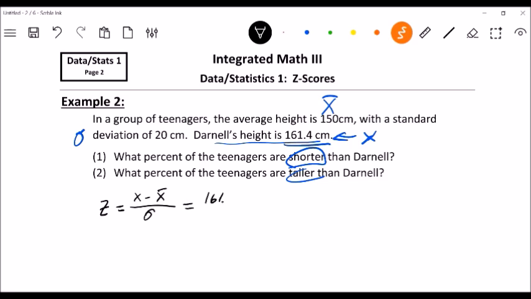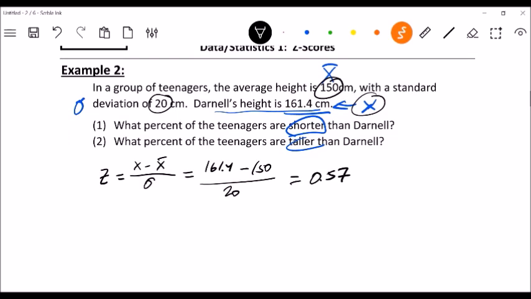So 161.4 for X minus 150, and over the standard deviation of 20. Okay. So that comes to 0.57. So let's go to the table for that.